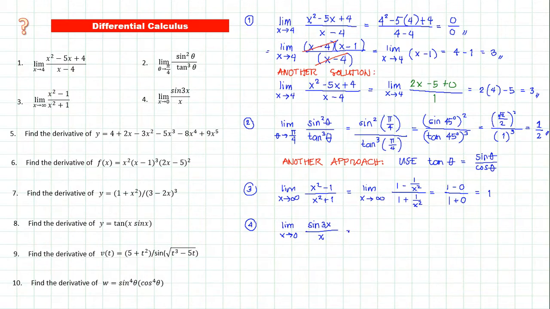So ang gagawin natin mag-multiply tayo ng 3 over 3. So ang mangyayari, the limit as x approaches 0 ng 3 over 3 times nitong sine 3x over x.